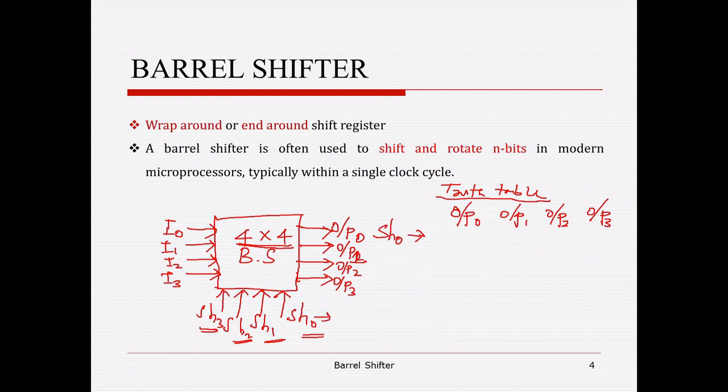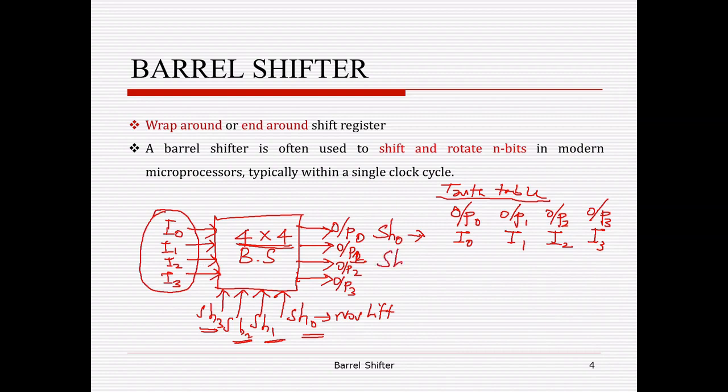It means no shifting of the input data. So how it responds is: output 0 is mapped with I0, output 1 with I1, output 2 with I2 and output 3 with I3. So it just assigns all the input data as it is, without performing a shift operation, correct?